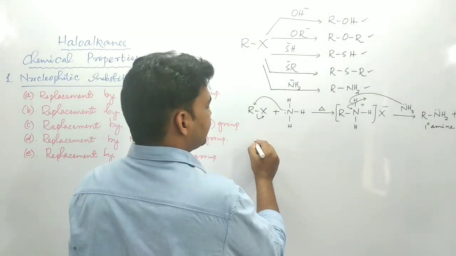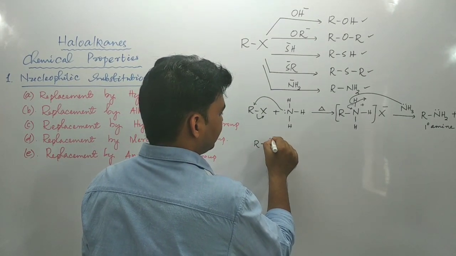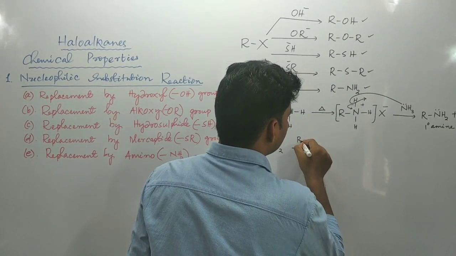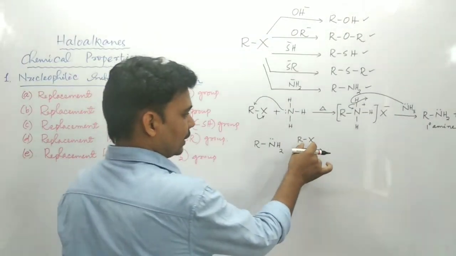Okay, this primary amine which has been formed in the first step would now be the nucleophile. It will combine with another substrate molecule. Alkyl halide is the substrate. Okay, this is alkyl halide.